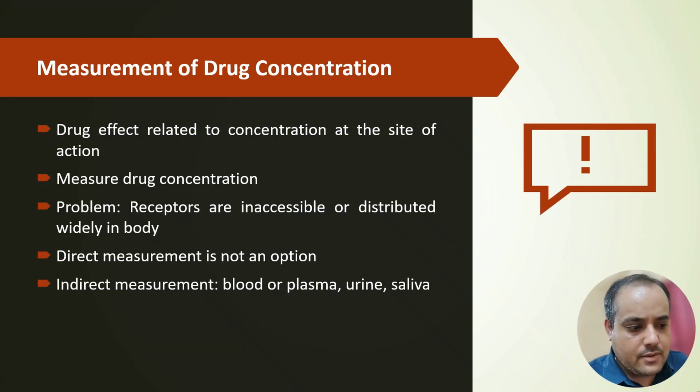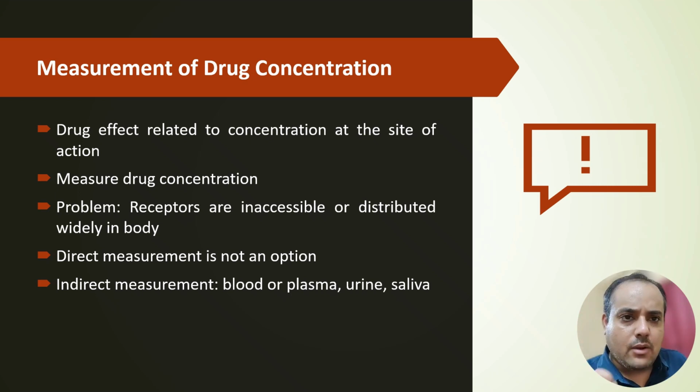Now how can we measure the drug concentration? One thing we are going to agree on is that the effect of the drug is related to the concentration of the drug at its site of action. Let us suppose I want the drug to act on the heart. A sufficient amount of drug must reach the heart so that we can get the desired effect.